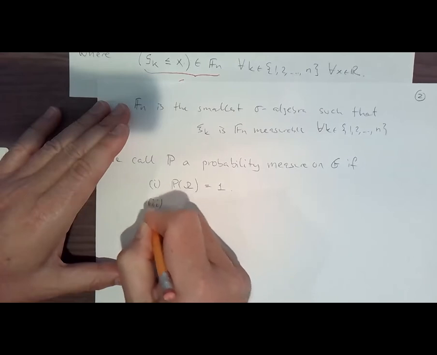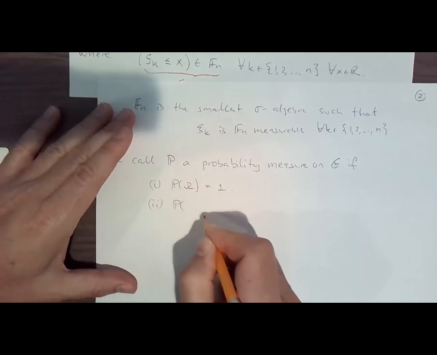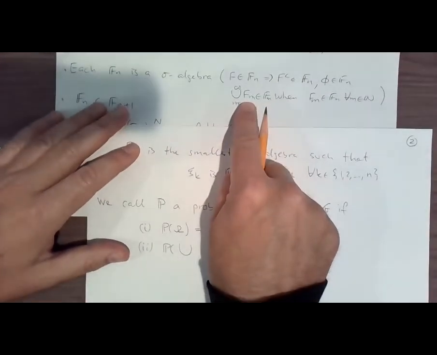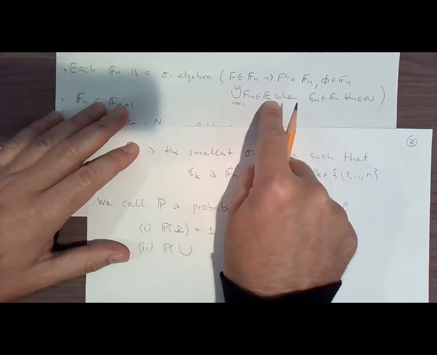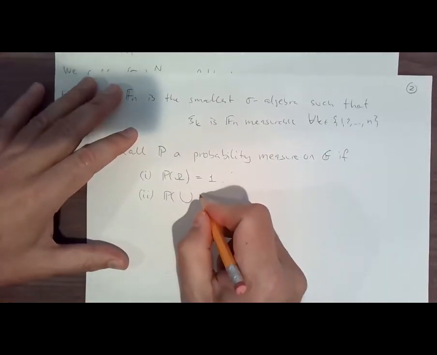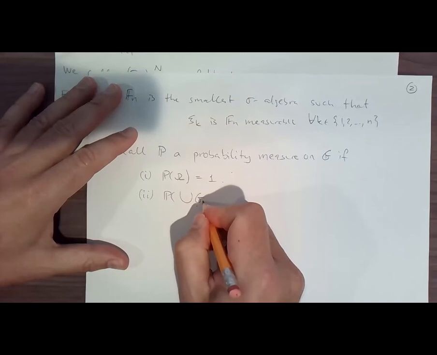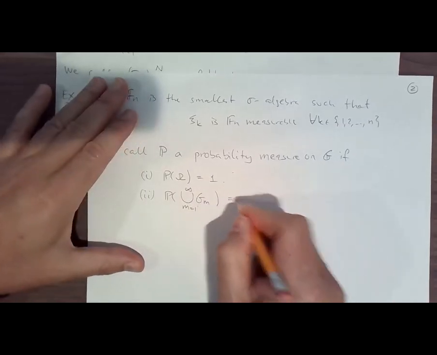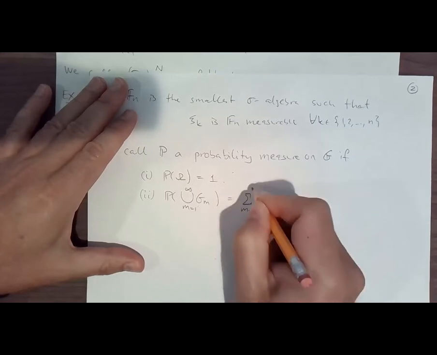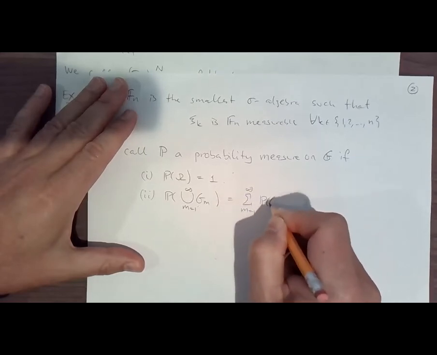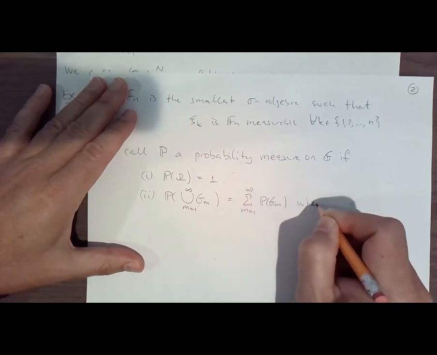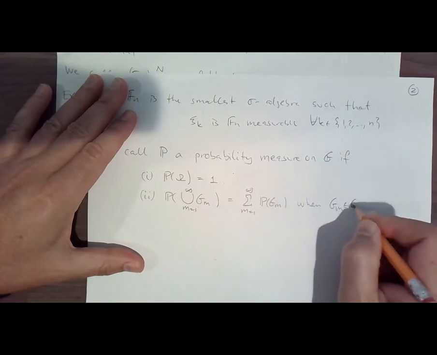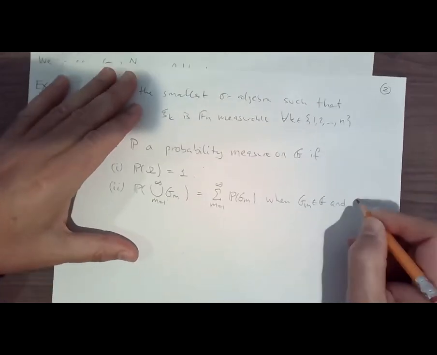And the second property is that if I take a union, this is where that property up here comes in handy, the probability of the union of G m is equal to the summation of the individual probabilities, when, first of all, G m has to be measurable and they have to be disjoint.